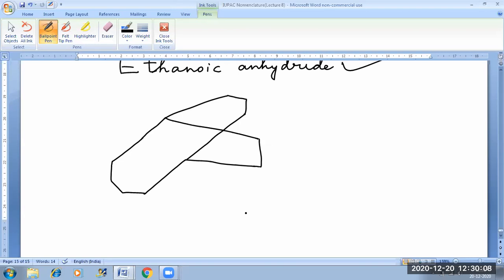Now, what kind of compound is this? Bicyclic. That's the first thing. This is a bicyclo compound.